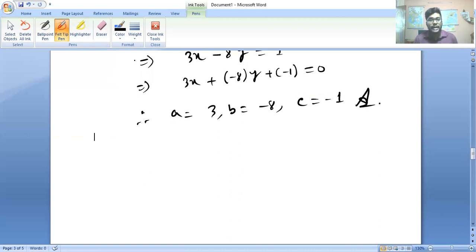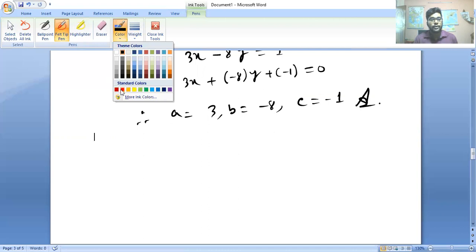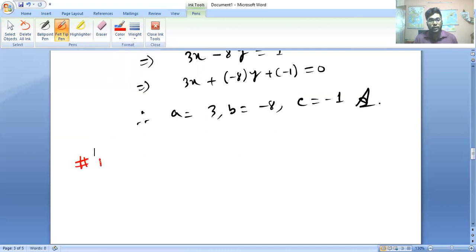See, if under brackets, there's a note. Okay, if under brackets some terms are written a comma b, then this first is taken as the x coordinate, and this as the y coordinate.